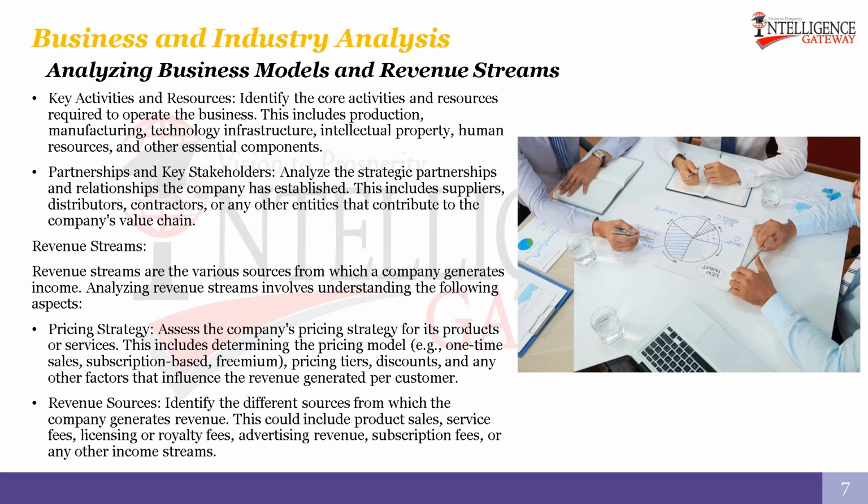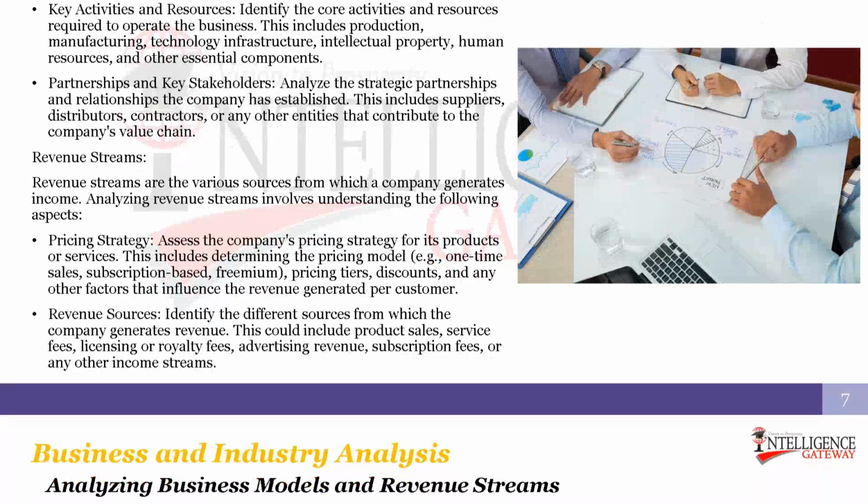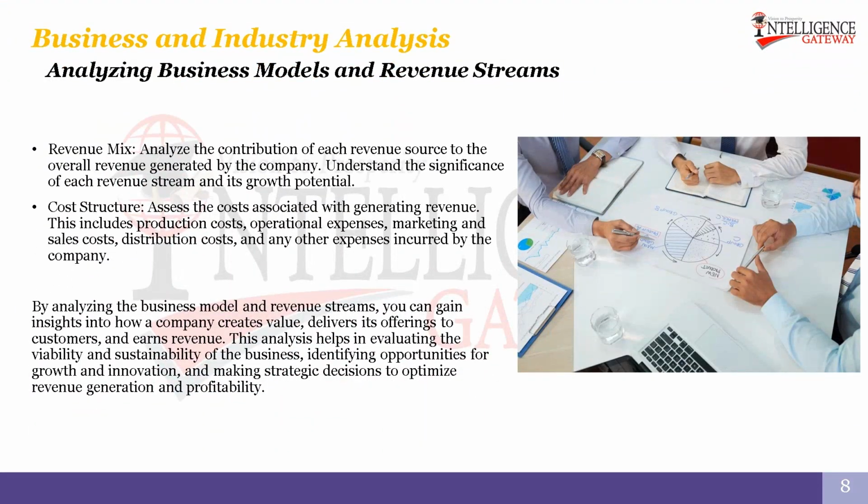Revenue sources. Identify the different sources from which the company generates revenue. This could include product sales, service fees, licensing or royalty fees, advertising revenue, subscription fees, or any other income streams. Revenue mix. Analyze the contribution of each revenue source to the overall revenue generated by the company.